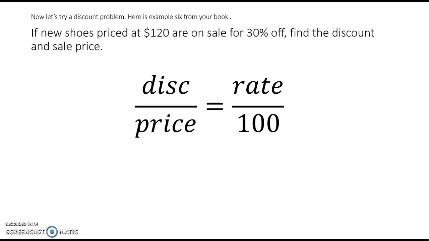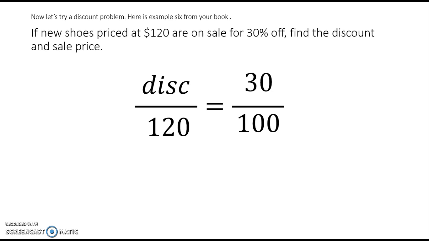So the rate of the discount is still a percent, it still goes over 100. But the discount is a percent of the price. So the price now goes underneath the other ratio. And our discount goes on the top. So again, let's fill in what we know. We see we have 30%, that goes over 100. The price is $120. That's our discount is a percent of the price.